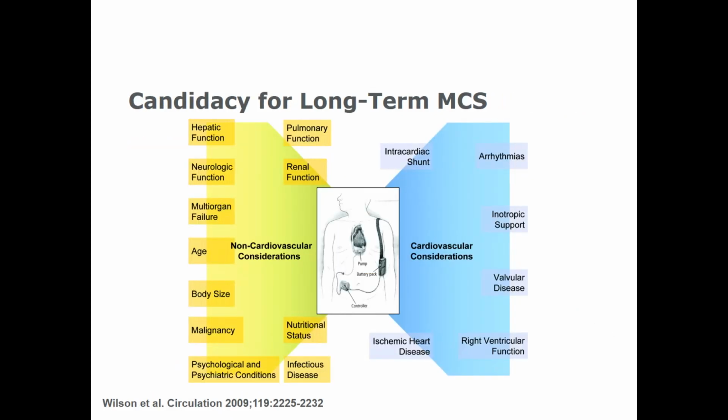It's a seven-stage profile that grades patients with refractory cardiogenic shock at one end of the spectrum, INTERMACS profile 1, to those with ambulatory heart failure in INTERMACS profile 7.